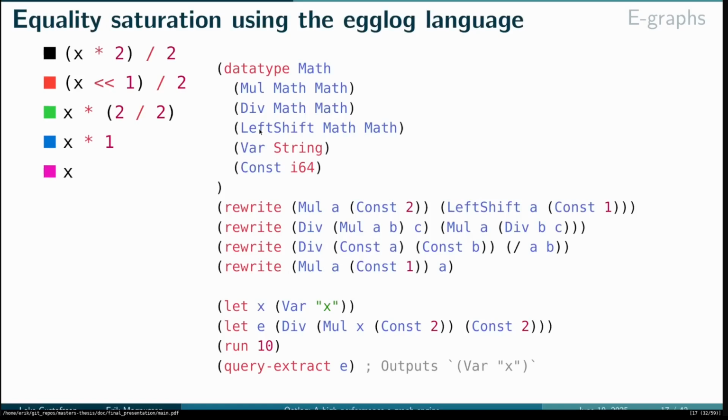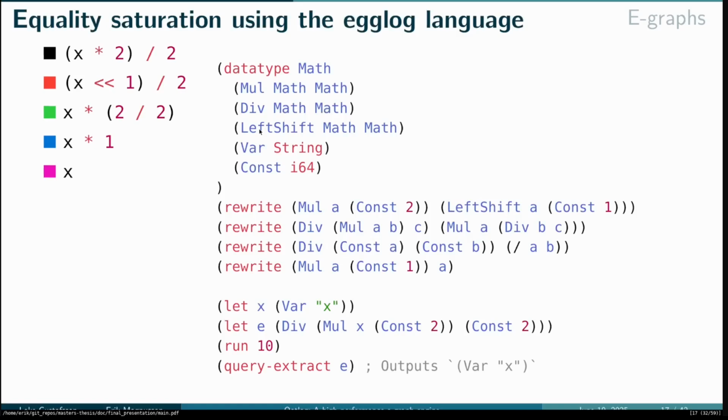Every step is one round of trying to use the rewrite rules: if this exists, then put this. Since we do multiple steps, at least black to green to blue to purple is multiple steps, we need to do multiple steps in the computation. But once we have done this, if we ask what is the nicest way to write E, we will be told that x is the nicest way to write or compute E.